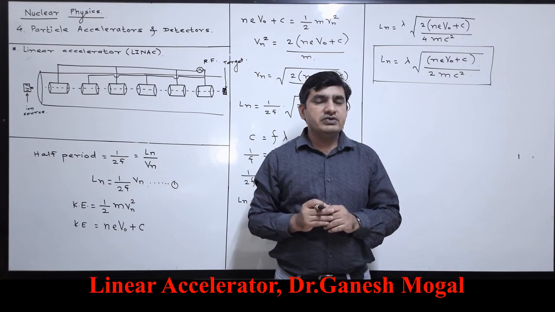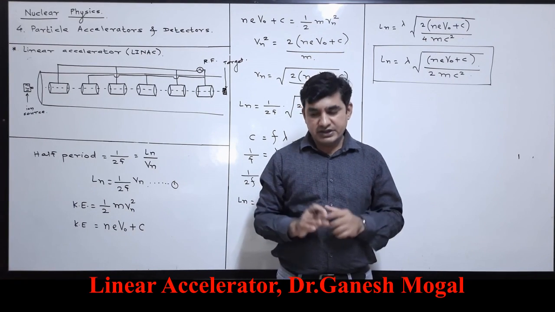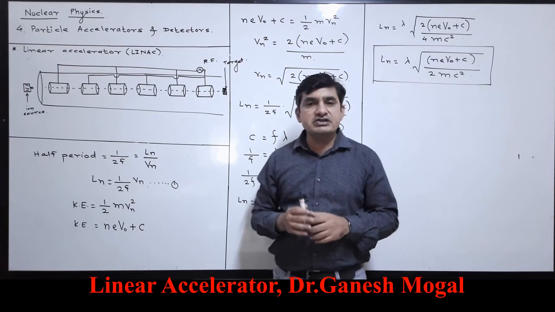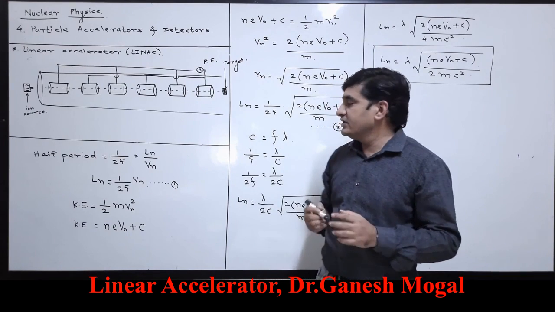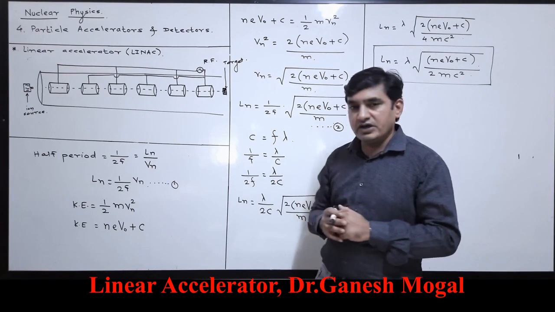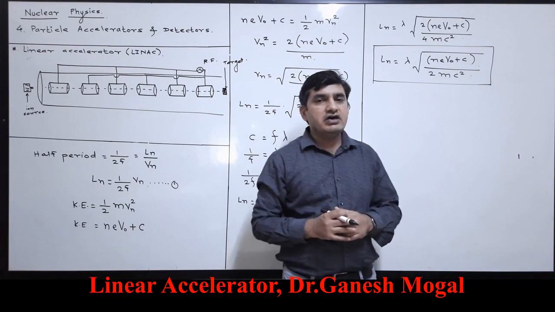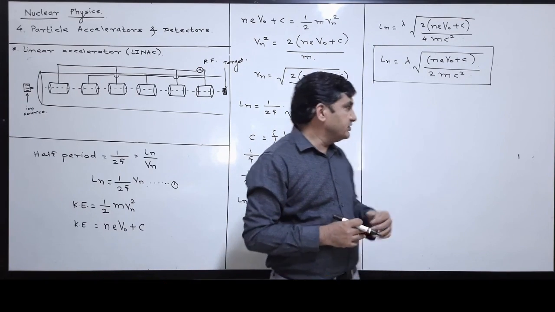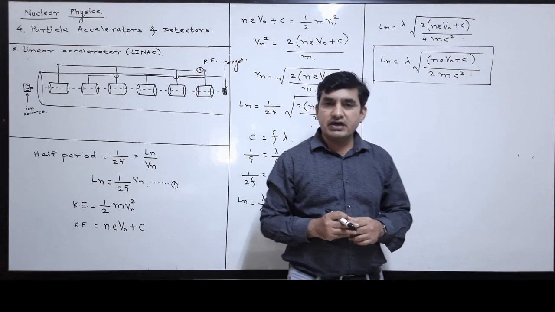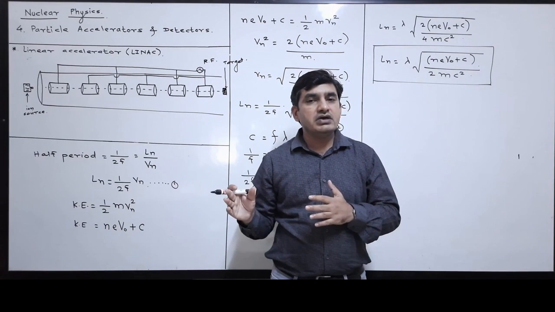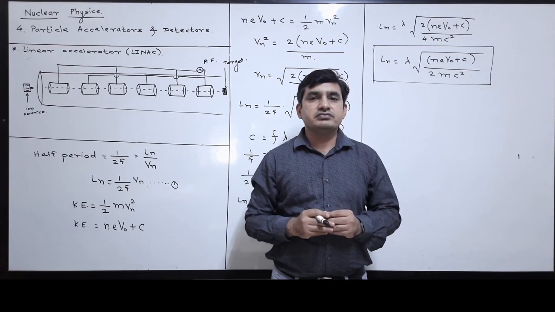So this is related to the linear accelerator. The linear accelerator is used to accelerate charged particles, and from this equation we can find the length of the nth electrode in the linac. Thank you.